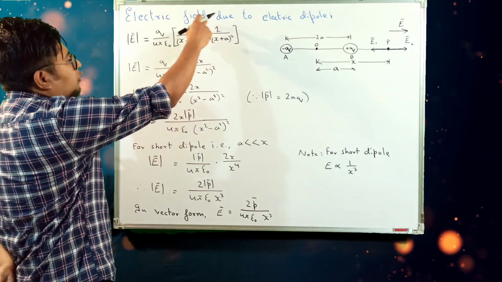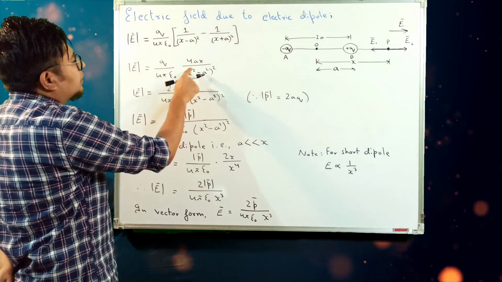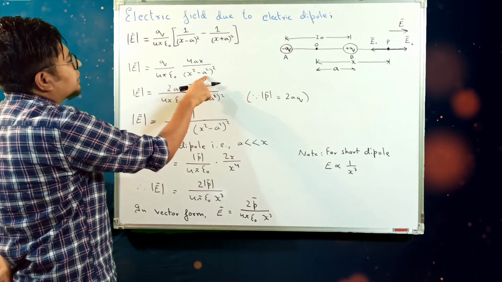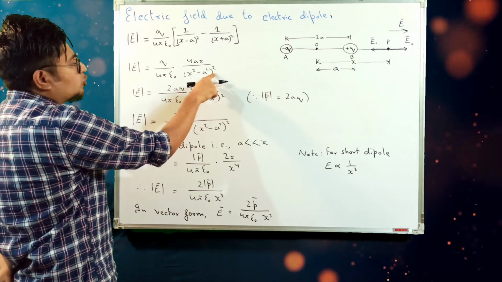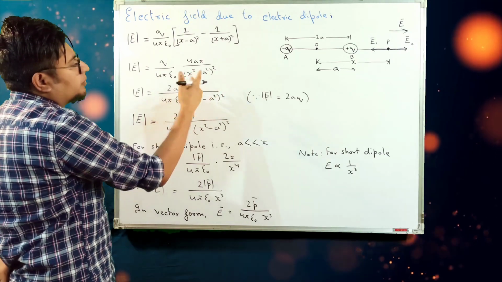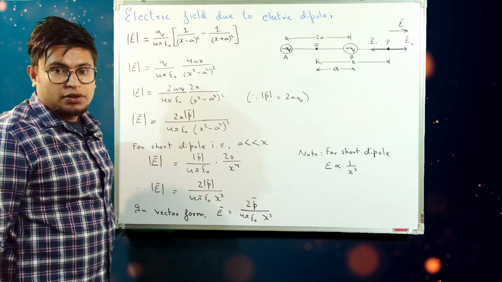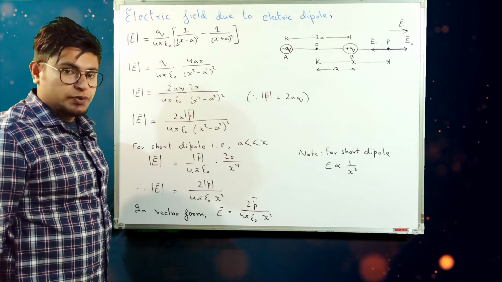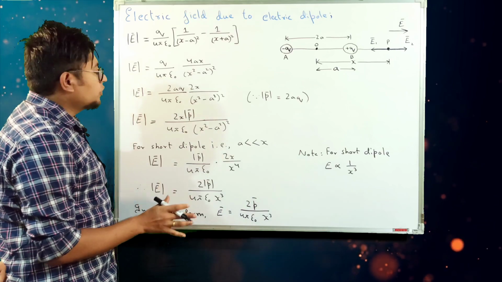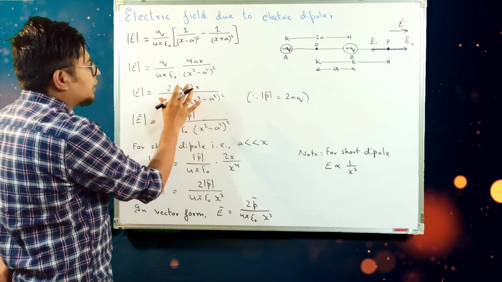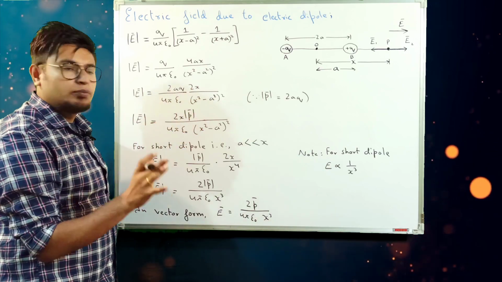Doing all the calculations, what I get is 4Ax divided by x square minus A square whole thing square. This is coming from your A minus B and A plus B, which becomes A square minus B square. And then I rearrange things in such a way that I can get the electric dipole moment.